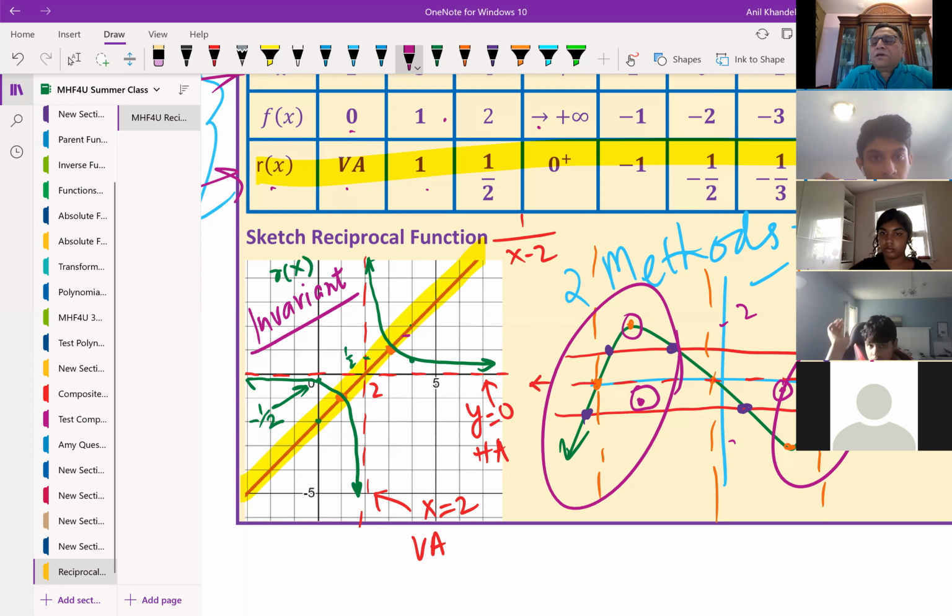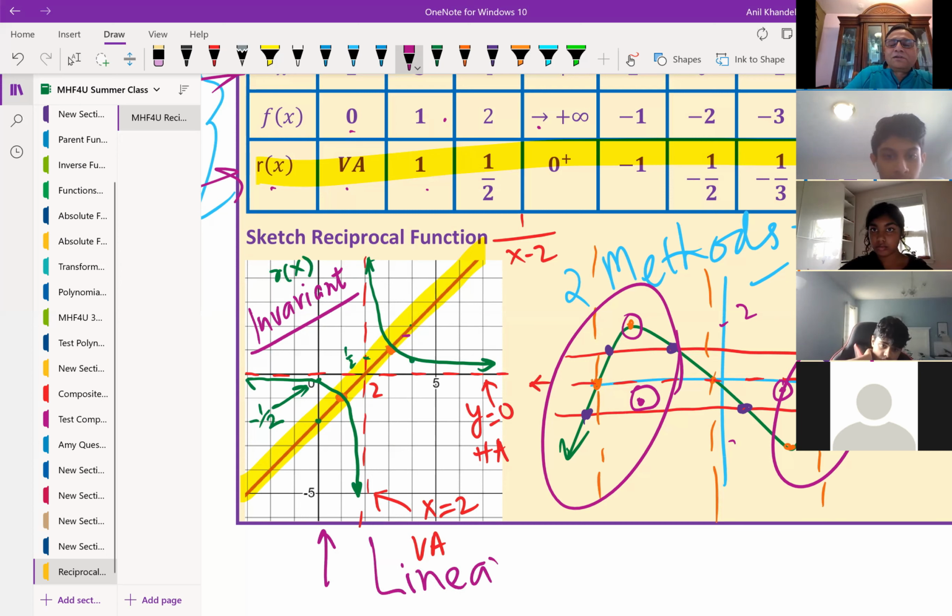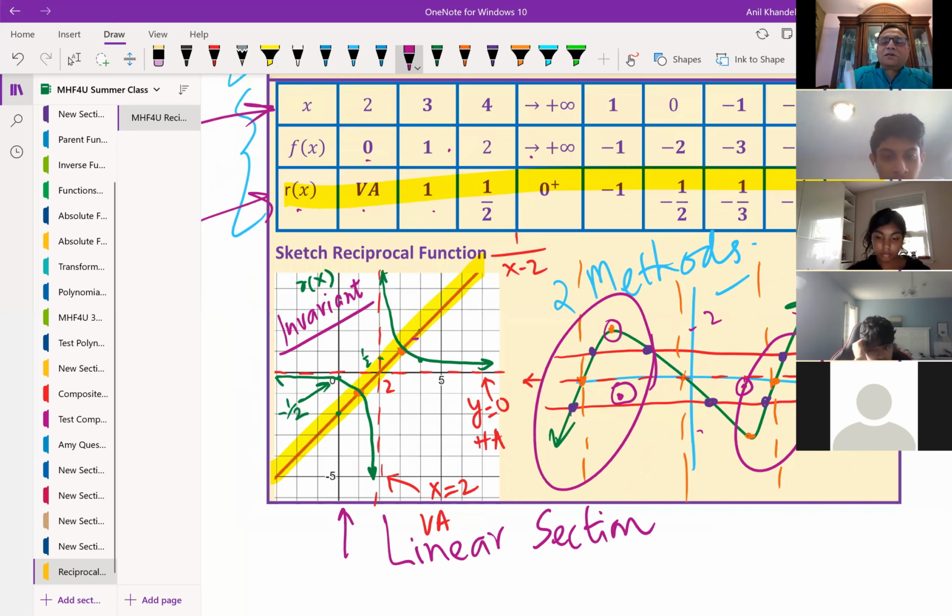And remember, most of the functions could be split into 2 types, whether it is linear or non-linear, correct? If it is linear, follow this section. I'll call this the linear section. For example, the graph which I gave you, let me just come down to this.